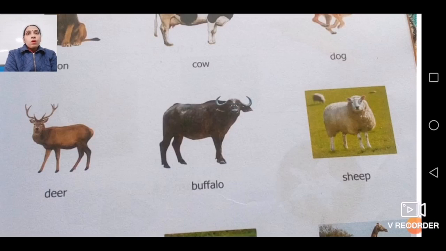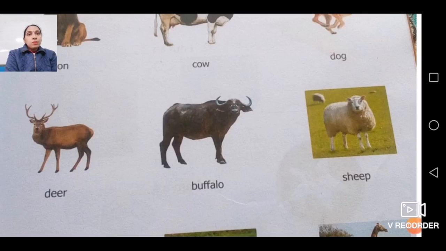Now buffalo. Buffalo serves as a domestic animal. Buffalo lives on farms, serves as a domestic animal. We will get many useful things from buffalo. So buffalo is a domestic animal.